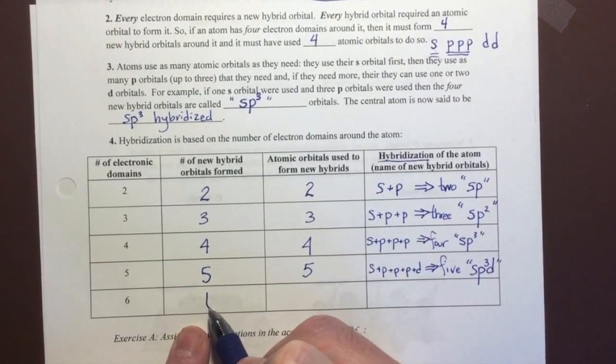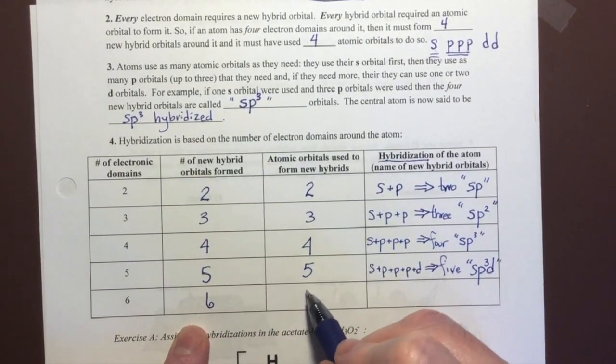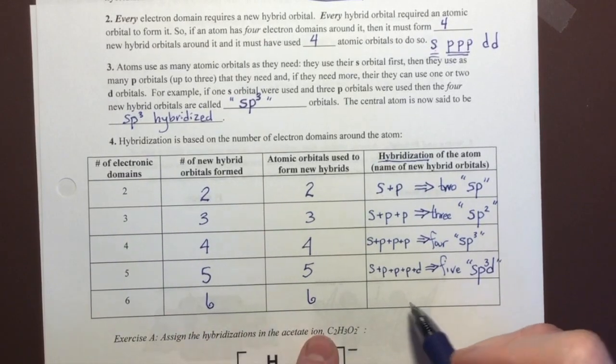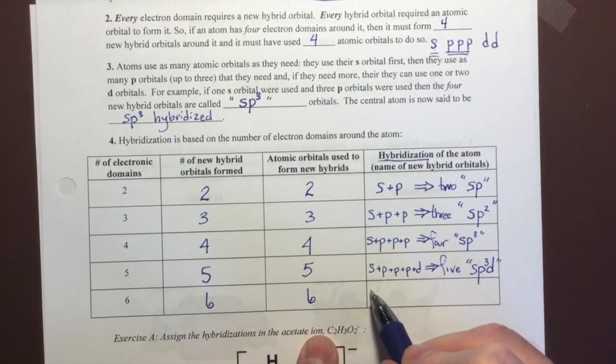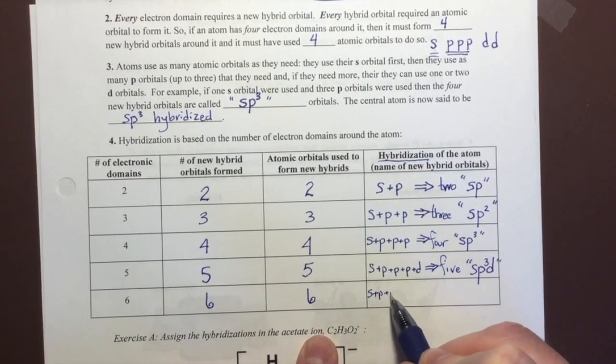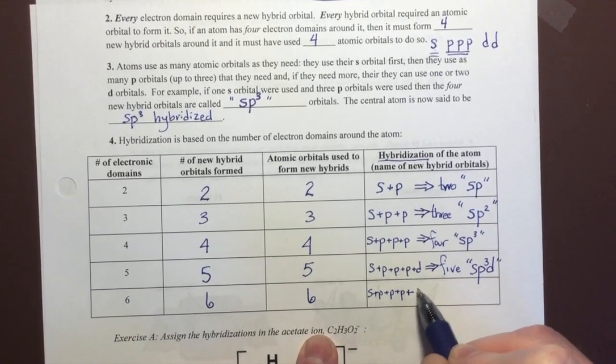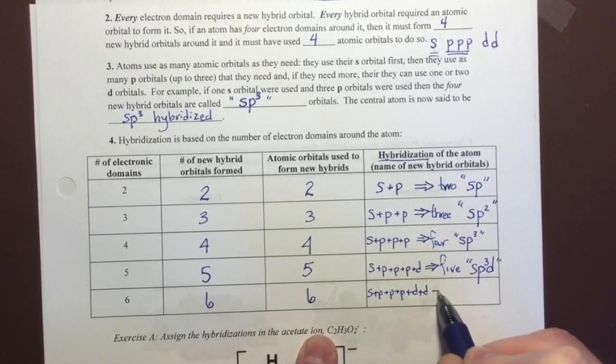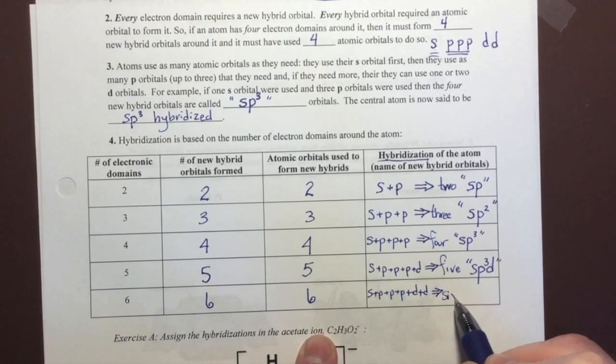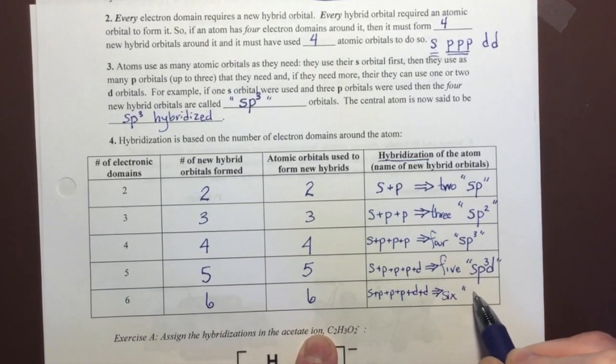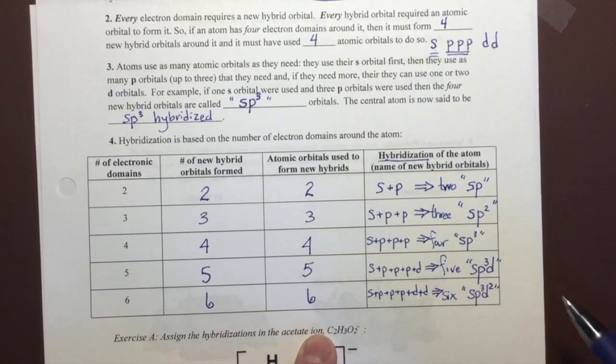And the same for 6. 6 electron domains, 6 hybrid orbitals, means 6 atomic orbitals as ingredients. And there we go, sp3d2 hybridized.